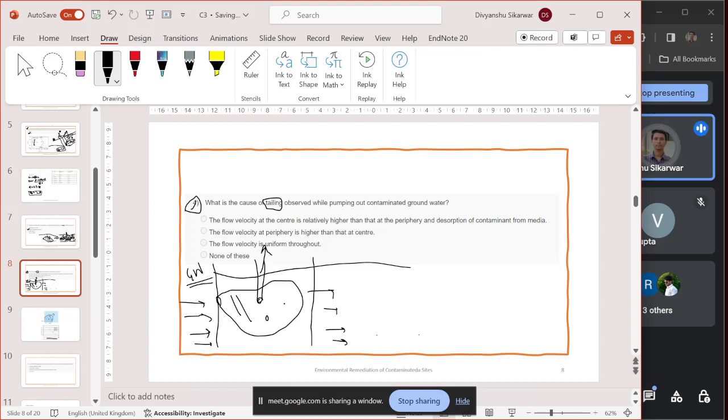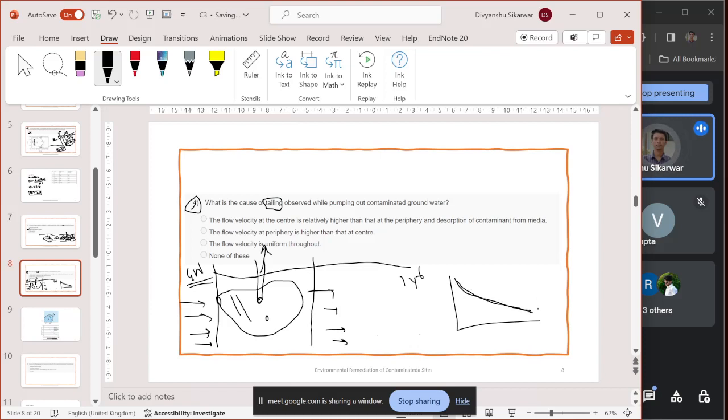Based on those concepts, this question is asking: if we are running this tube well for 1 year, during this time period there will be a reduction in the concentration with time.